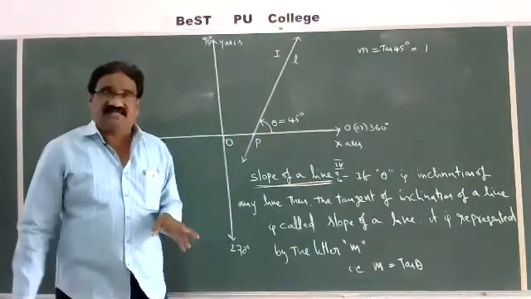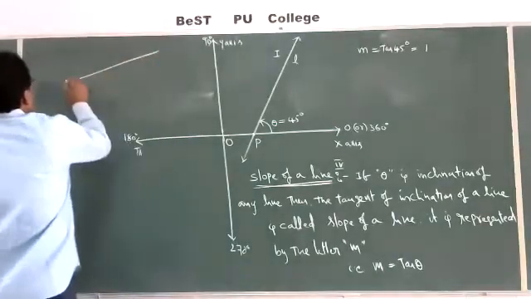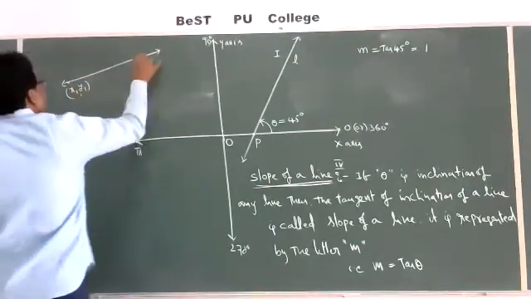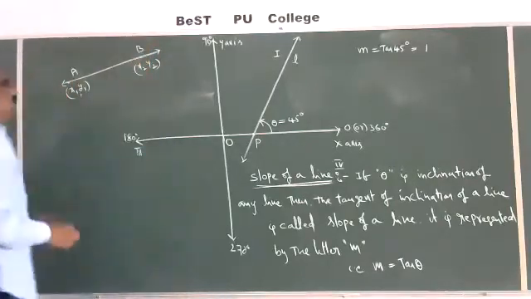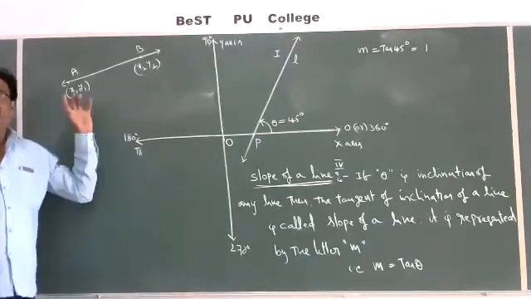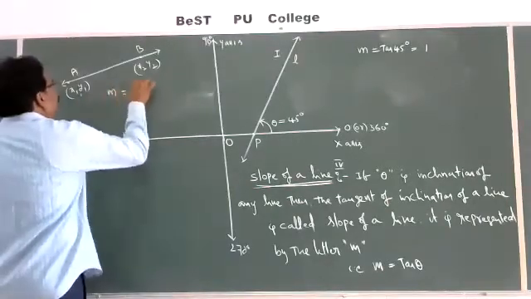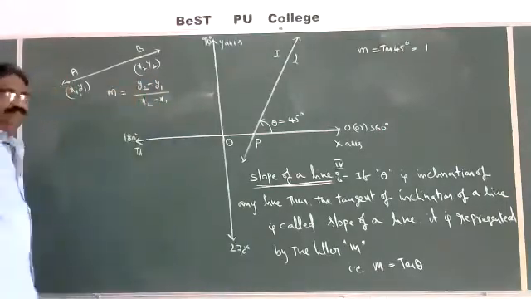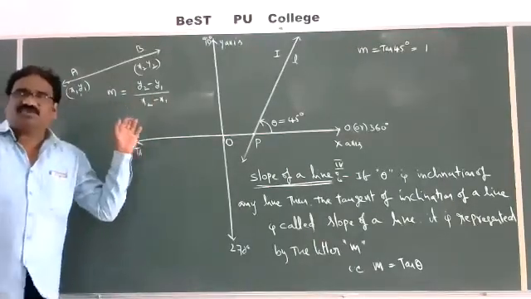But in the lower classes, you know what is meant by slope of the line? If a line is passing through 2 points, x1, y1 and x2, y2, so this is A and this is B, then the slope of the line m is equal to y2 minus y1 by x2 minus x1.